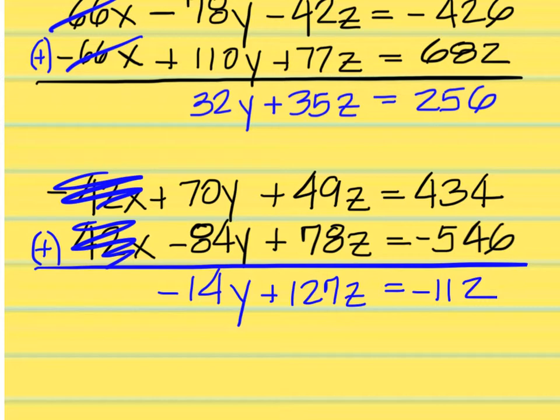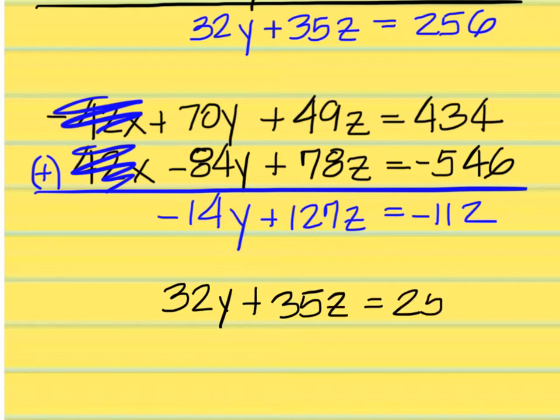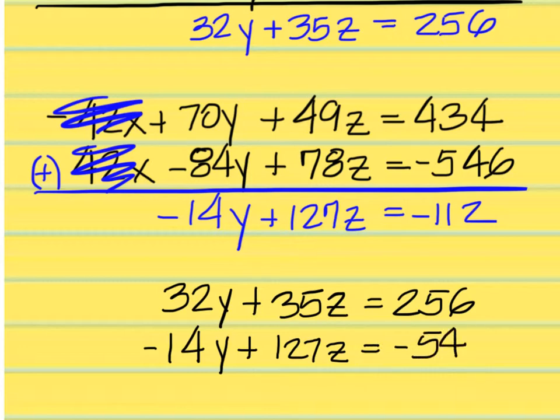Those are the two new equations that you should have come up with. Now put those two together, and you're going to have 32y plus 35z equals 256, and then negative 14y plus 127z equals a negative 546. No, a negative 112, my fault.